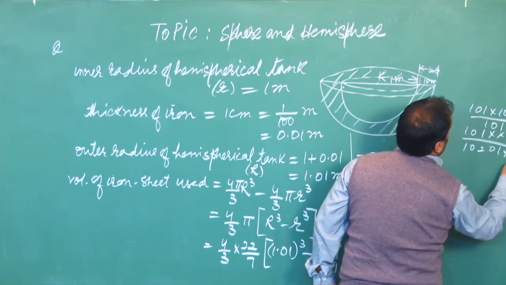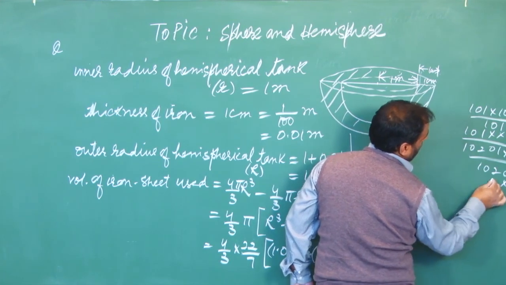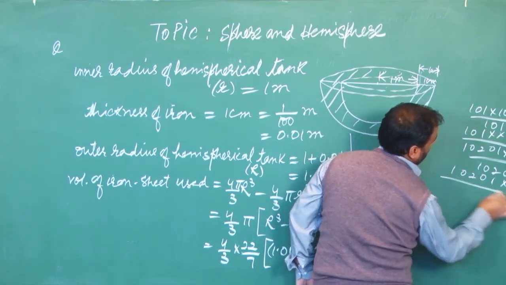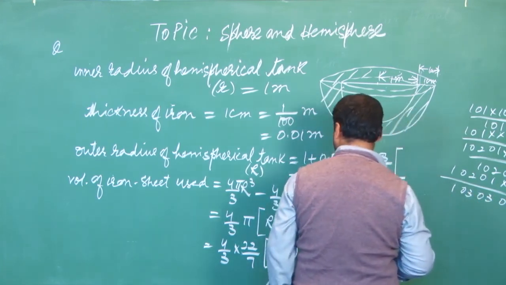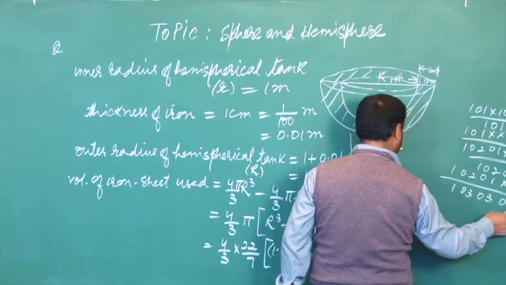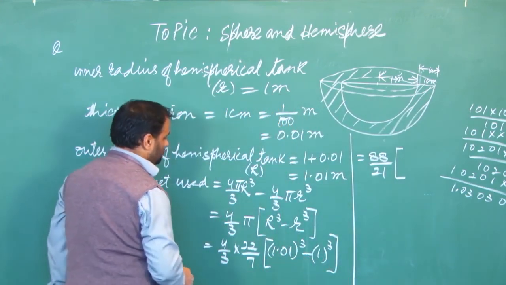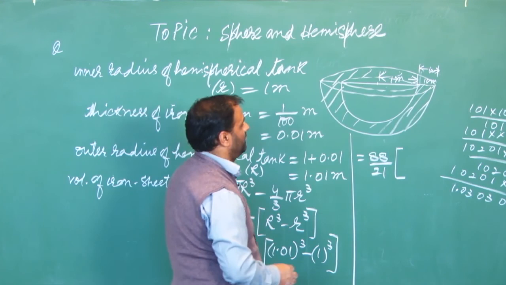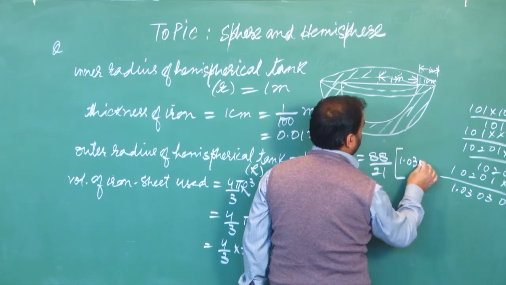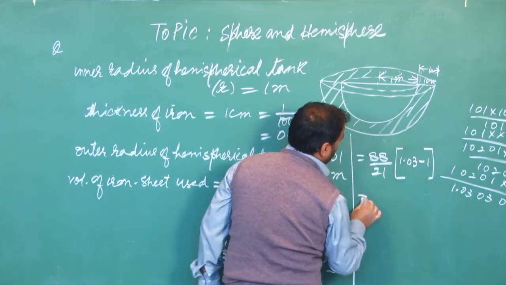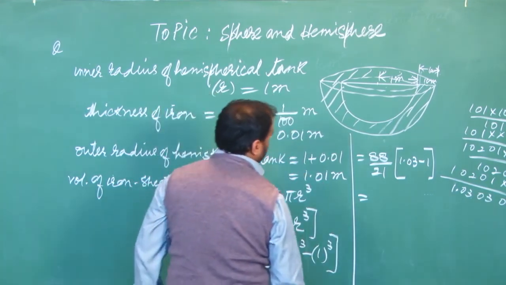Putting the decimal point, it is 1.030301. We do not need to write all this, we can keep only 1.03, and 1 raised to power 3 is 1.